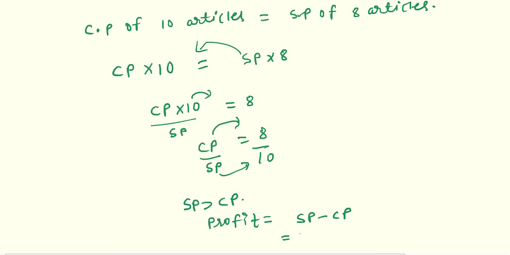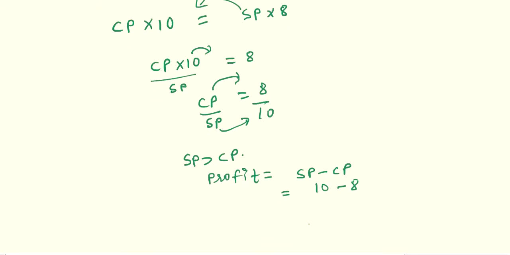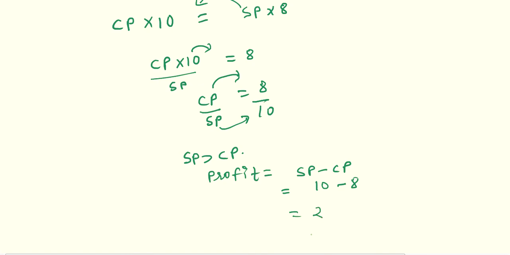Clear? So SP is 10, CP is 8. So from there we are getting profit as rupees 2, simply it's given rupees. Now we will find the profit percent.